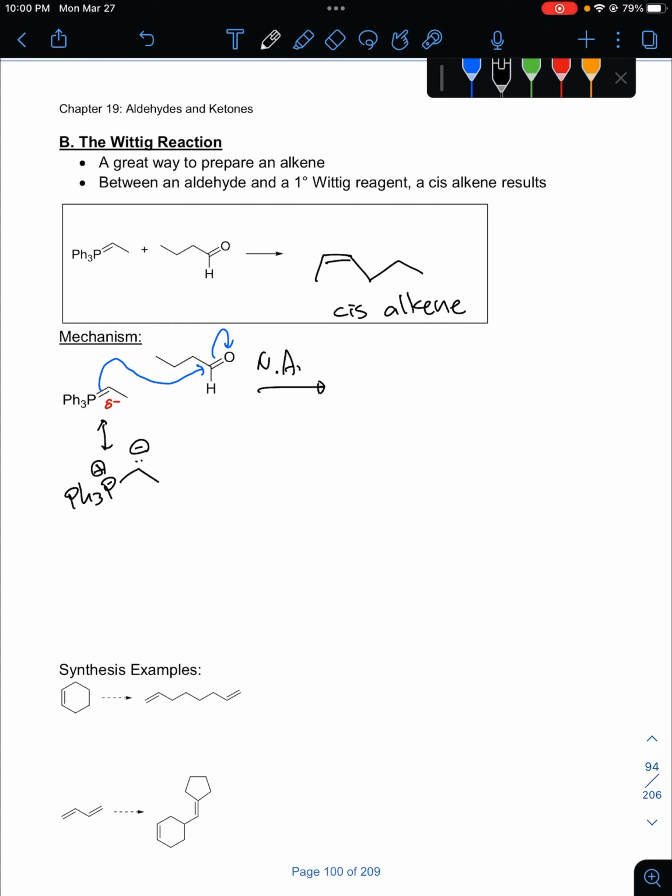So as a result of this, you would end up with this intermediate. And this weird intermediate that has an alkoxide and a phosphonium cation in the same molecule, there's a word for that too, it's called betaine.